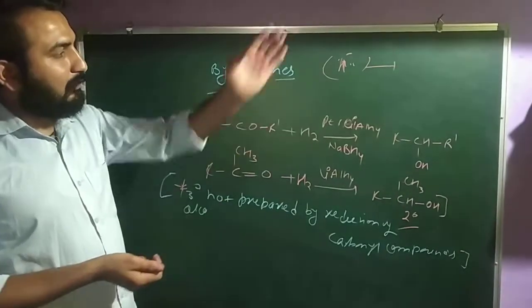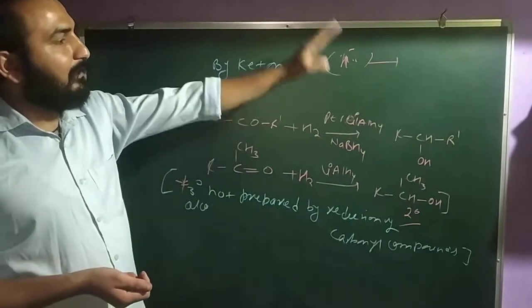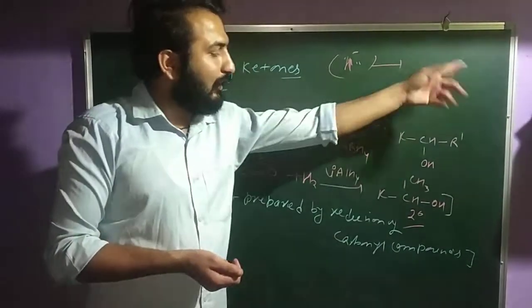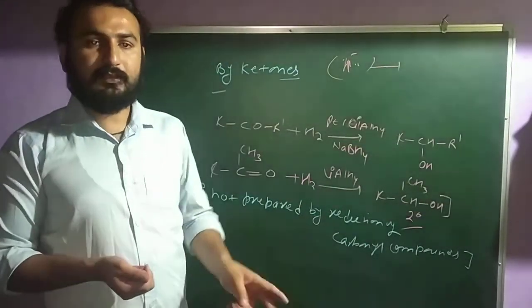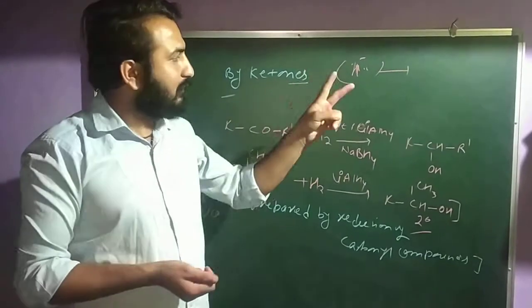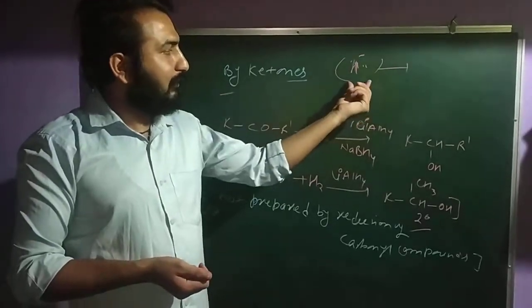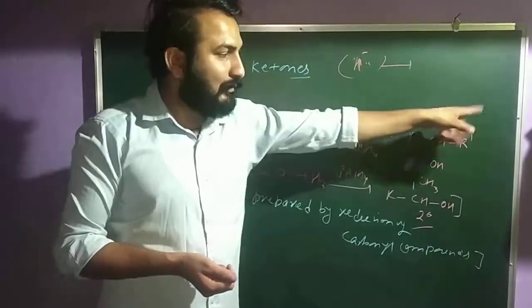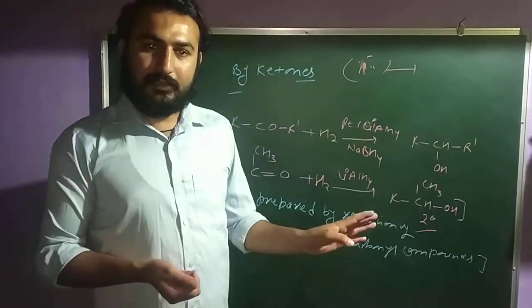Clear? And this alkoxide ion, by protonation with water, gives the corresponding alcohol. That means two steps are involved: first, reaction with the hydride ion to form the alkoxide ion, and then protonation gives the alcohol.